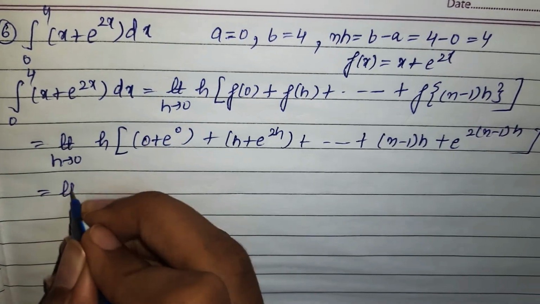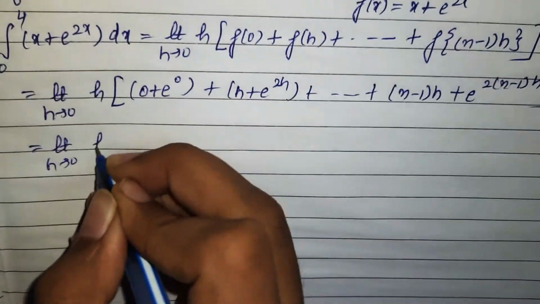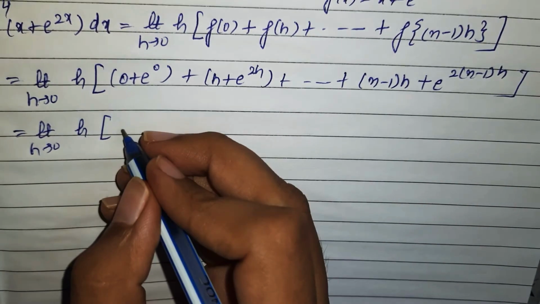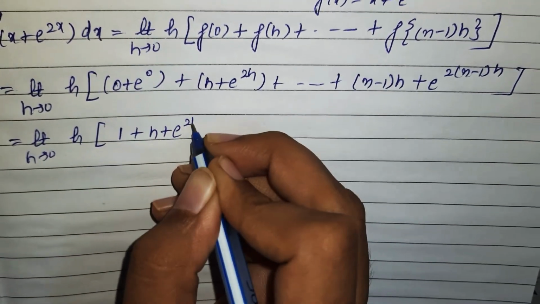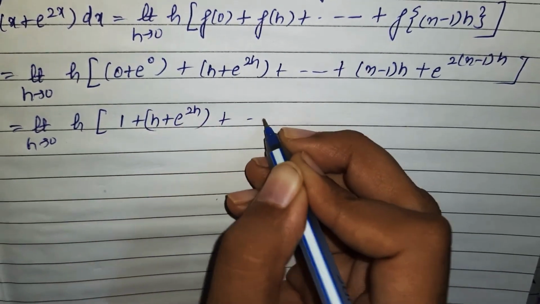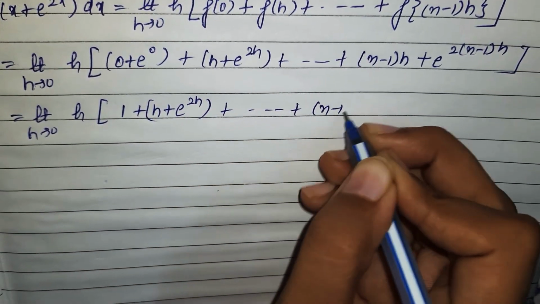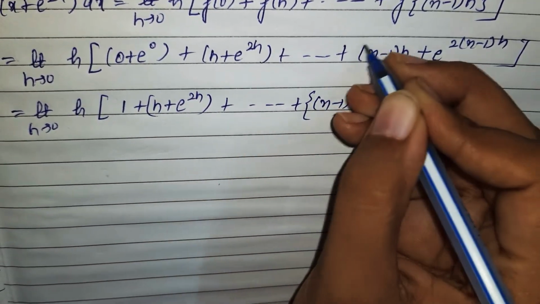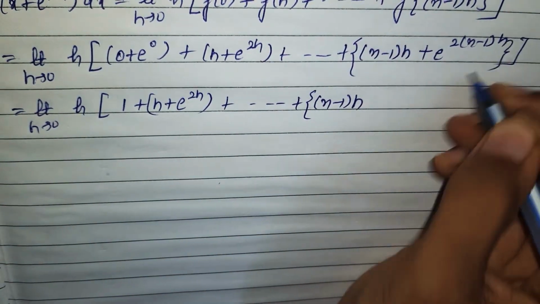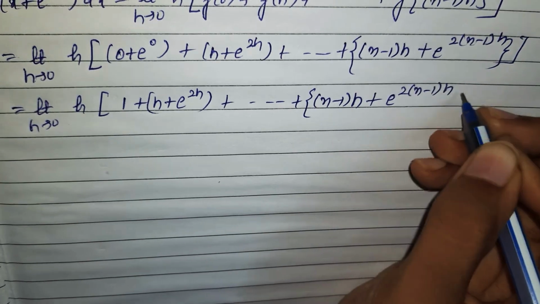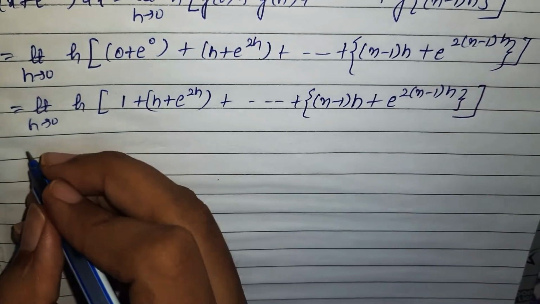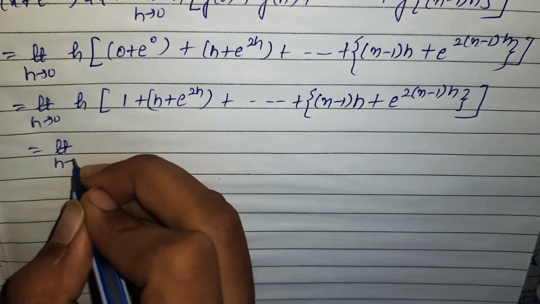So limit h tends to 0, h, e raised to the power 0 will become 1, plus h plus e raised to the power 2h, and so on, (n minus 1)h plus e raised to the power 2(n minus 1)h. Now limit h tends to 0.